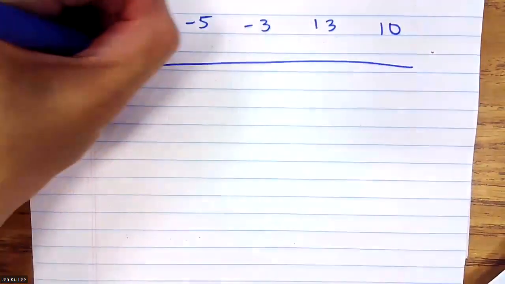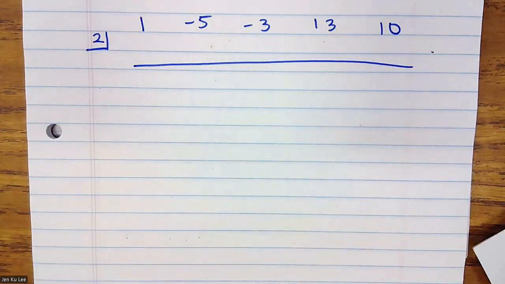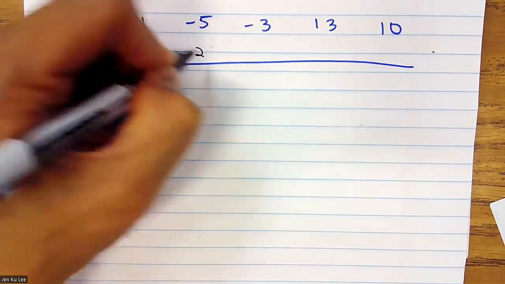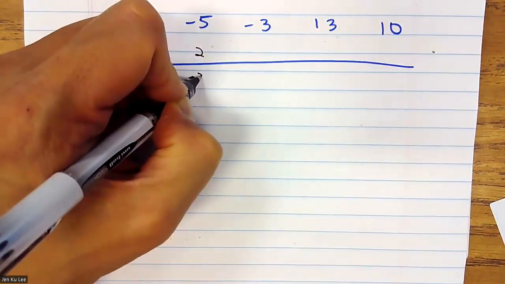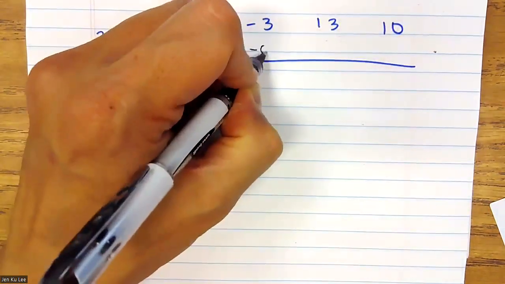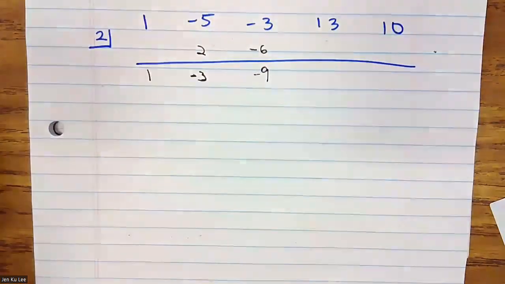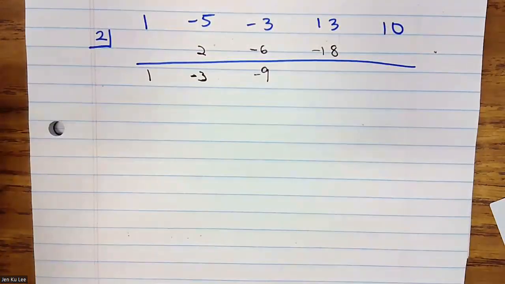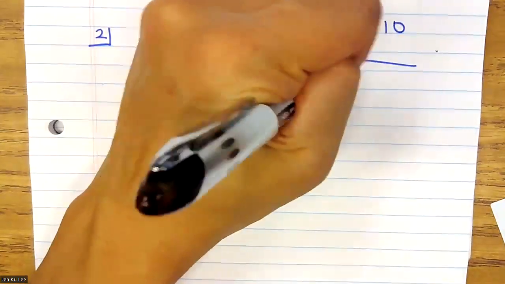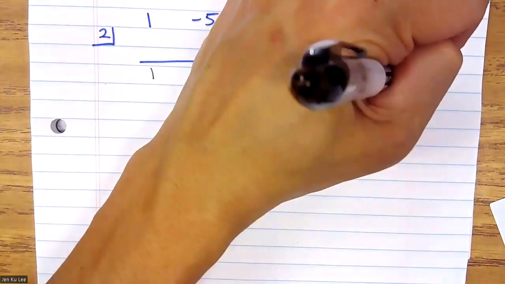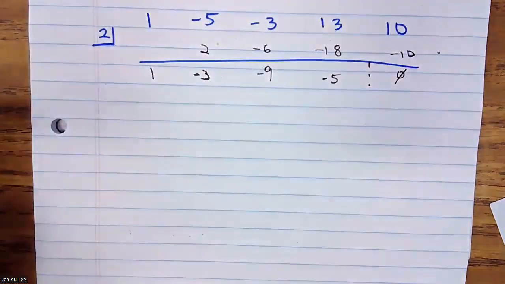I'm going to try a 2. So 1 comes down. 1 times 2 is 2. That's negative 3. That would be negative 6. That's negative 9. That's negative 18. That's negative 5. That would be negative 10, and it'll be a remainder of 0.